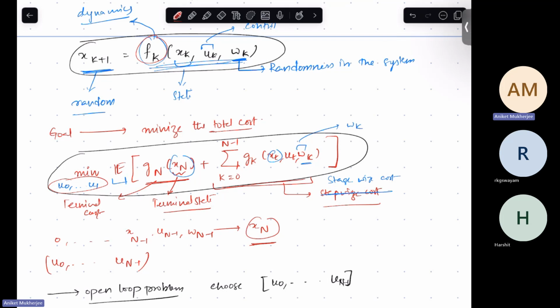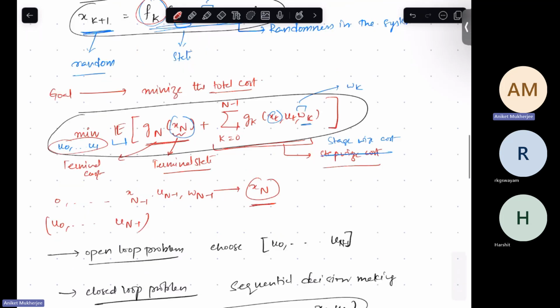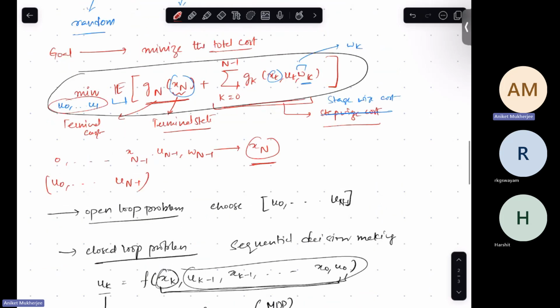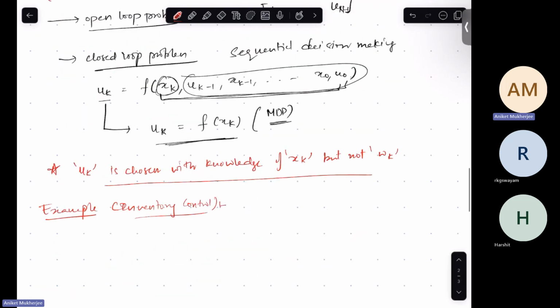I hope the structure is clear, how I'll go through everything. For today, I'll just give the intuition that this problem is not well posed, which will be clear from the example. Some modification needs to be done to the problem, and what modifications those are, we'll talk about in today's class. That's it.